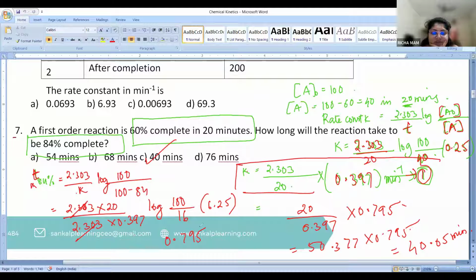After substituting, we get 20 by 0.397 into 0.795, which is 50 into this, and finally we get 40. Very, very important. I hope this is clear. Very simple, just don't get confused.